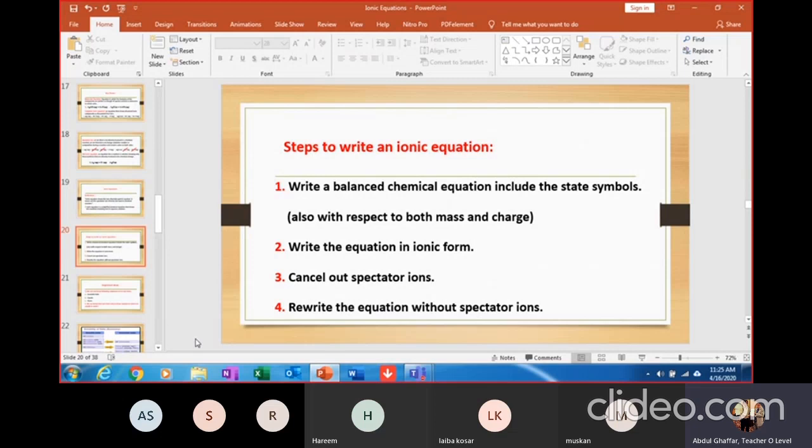These are very important points. Second step is to break the molecular equation into ionic form, which we discussed right now. Third step is to cancel out the spectator ions which are the same. Last, without spectator ions, you will get the equation that will be the ionic equation.